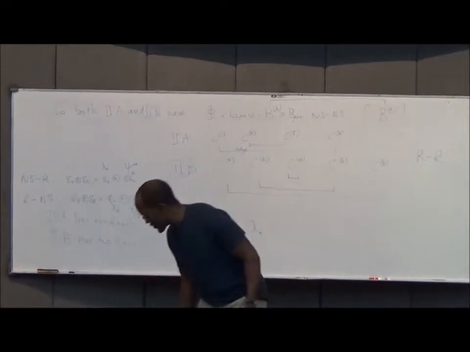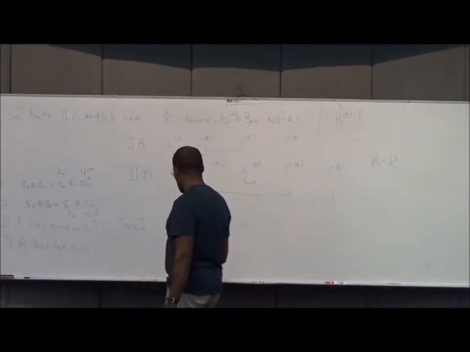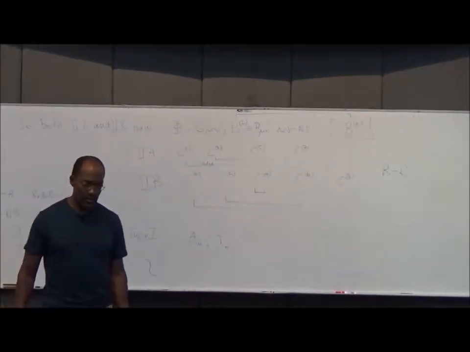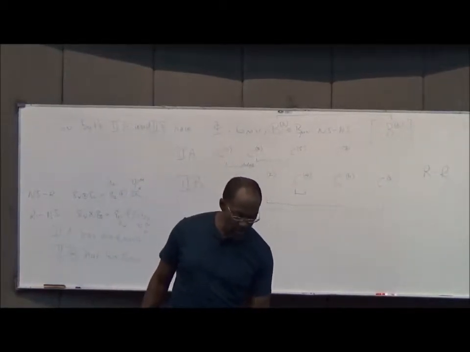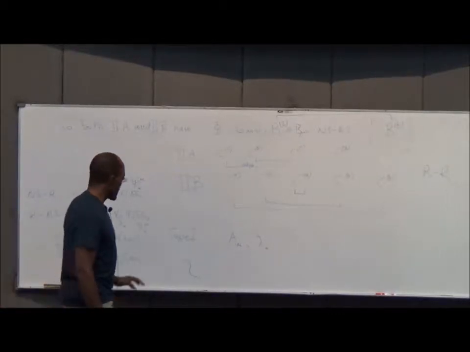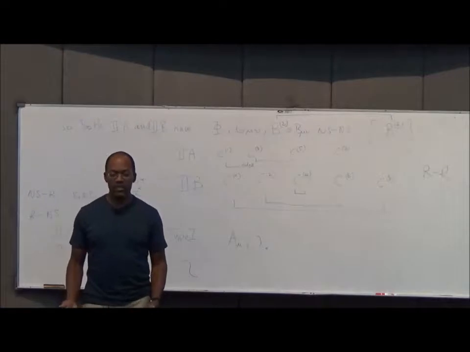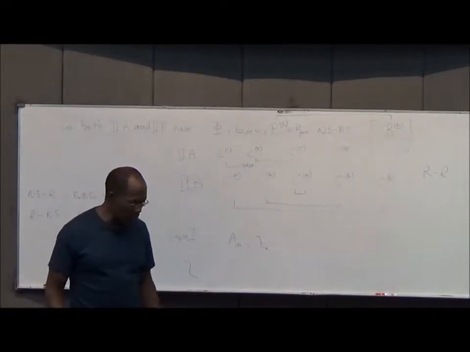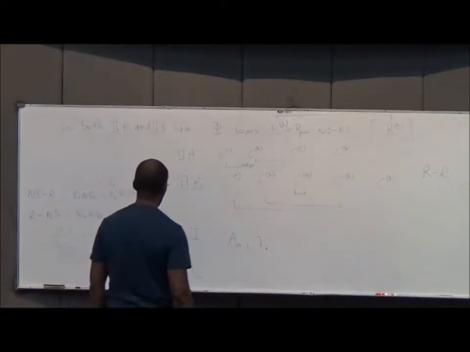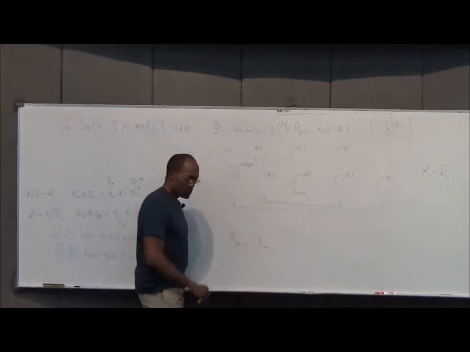I have this open string sector, but as you know, I can consider a process in which the open string interacts with a closed string sector. In fact, the type 1 string must have some coupling to a closed string sector. So in some sense, I haven't really listed all of the fields that are available yet.